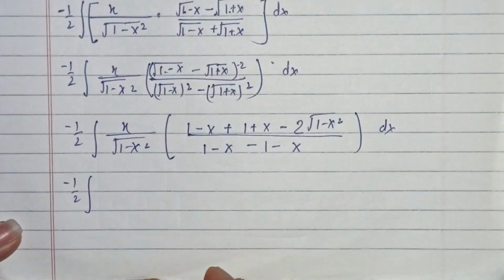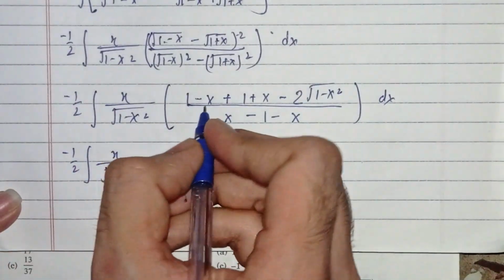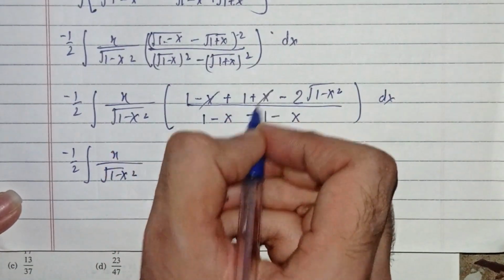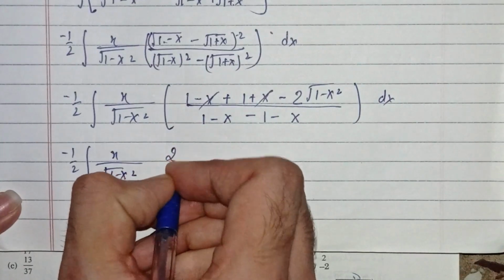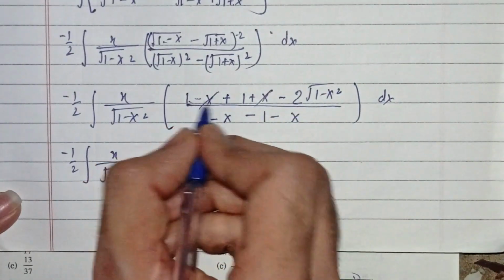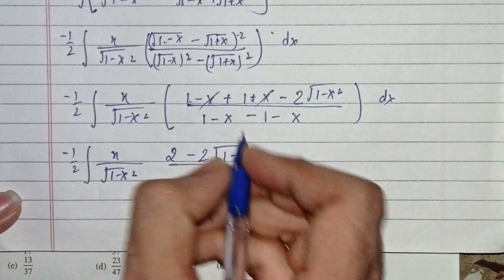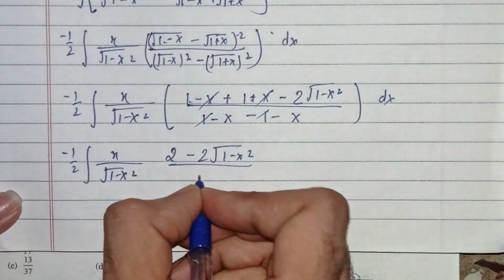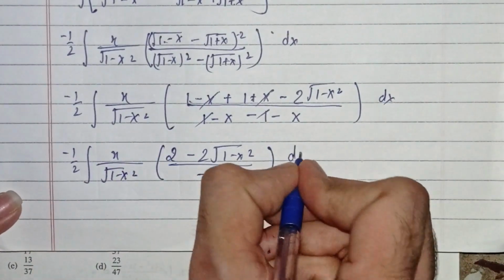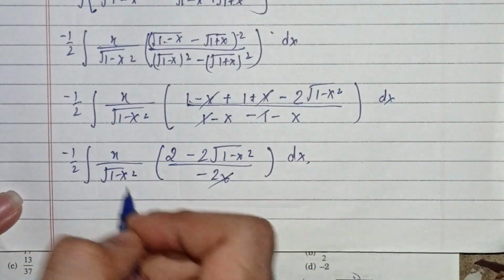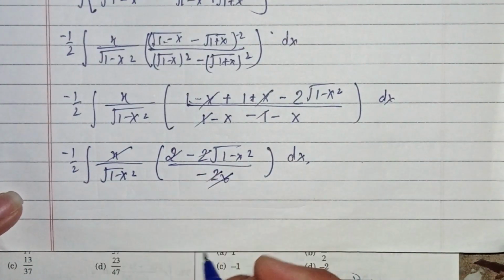Minus 1/2 integration of x upon √(1−x²). From here x and x are both cancelled. In the numerator 1 plus 1 is 2, minus 2√(1−x²), upon 1 and 1 get cancelled, minus 2x, dx. So from here x and x get cancelled. From here 2 and 2 get cancelled.